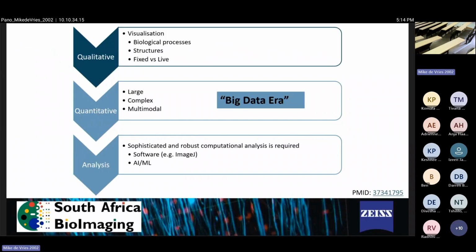I think, of course, data is becoming a big problem for everybody, as our microscopes are able to do more. We're sitting with a lot more data that we need to handle.